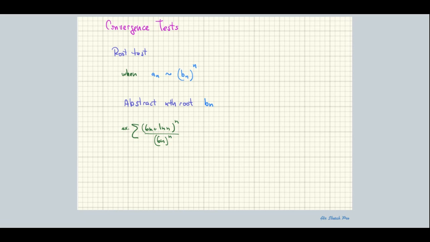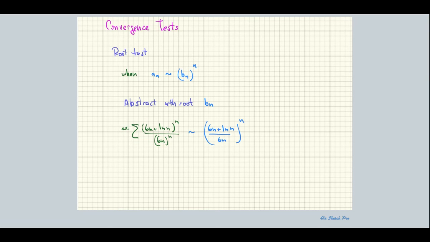So I'm seeing this as (6n plus log n) over 6n, everything taken to the nth power.